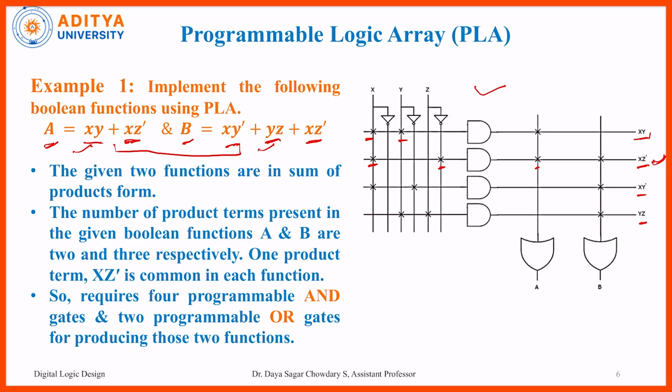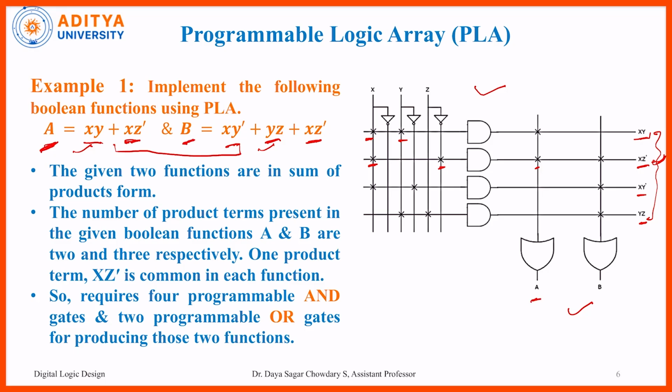So it requires 4 programmable AND gates and 2 programmable OR gates for producing those 2 functions. This is the representation of this particular example. It contains 4 terms, because of 5 terms, 1 is common.